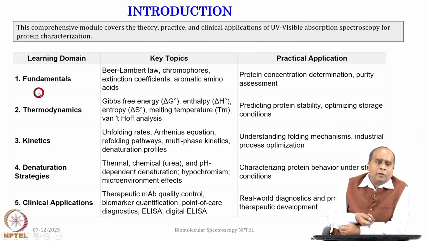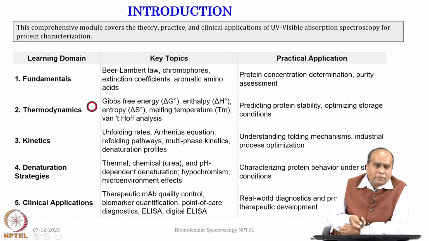Remember we had already discussed the basics: Beer's law, the concepts of chromophore, the extinction coefficient, and the aromatic amino acids which contribute to UV visible spectroscopy. We saw its application in protein concentration and also in purity assessment.